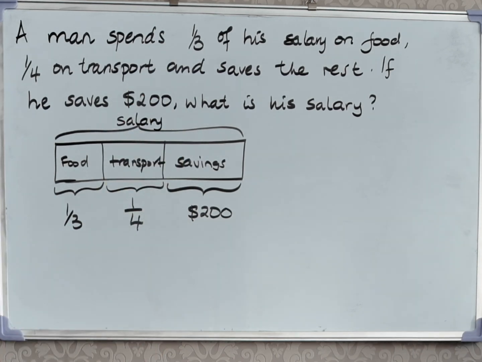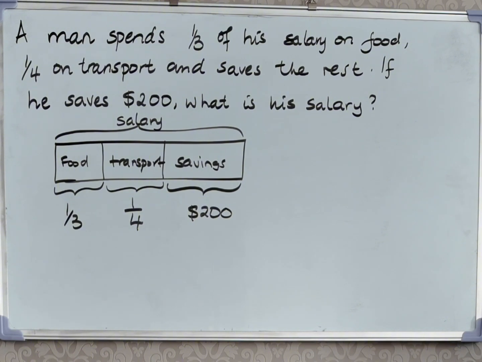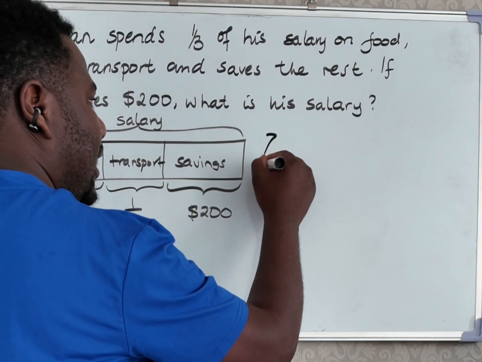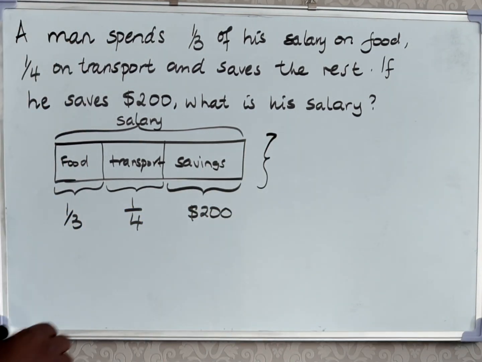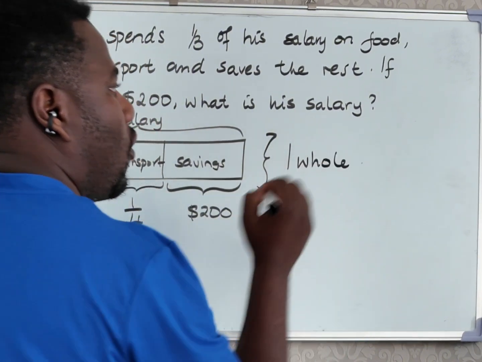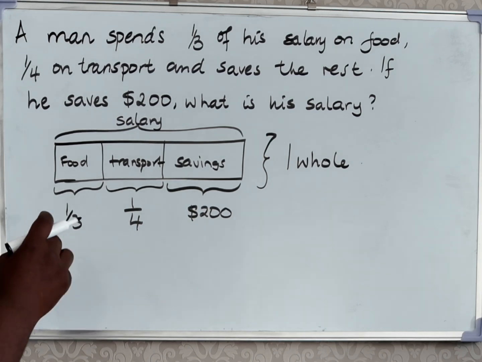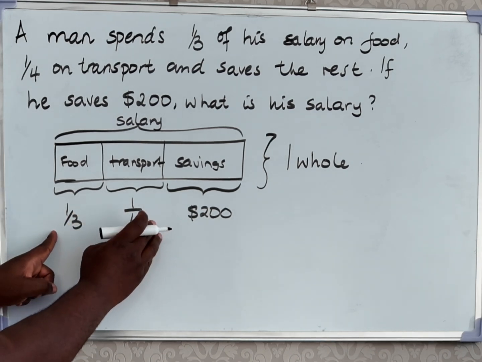So this here is his salary. If we add food plus transport plus savings, we get the amount of money which he had as his salary, right? So when his salary is given, before he uses anything, it's 1 unit, which is equal to 1 whole. So let's subtract these two that have like terms.